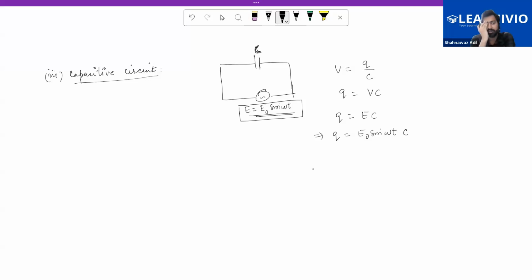Now I want to get the current in the capacitive circuit from the charge. So what should I do? I should differentiate both sides with respect to time.